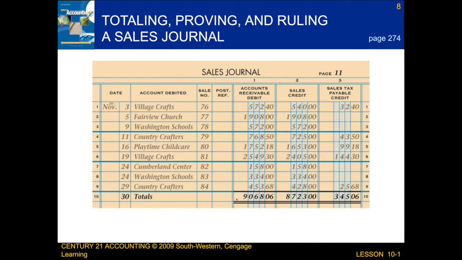And then we add all three columns, the accounts receivable debit column, sales credit column, and sales tax payable credit column to calculate the totals. Then we prove the sales journal by making sure that these two credits, when added together, equal this one debit. So these two numbers, when added together, should equal $9,068.06. Then, once the sales journal has been proved, we can draw a double line rule.